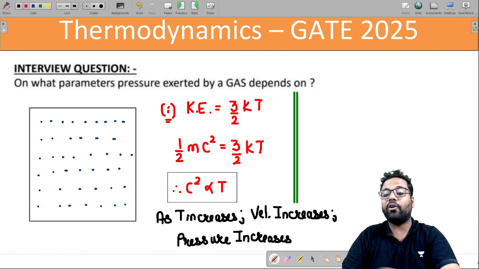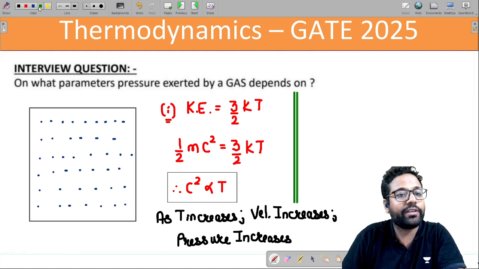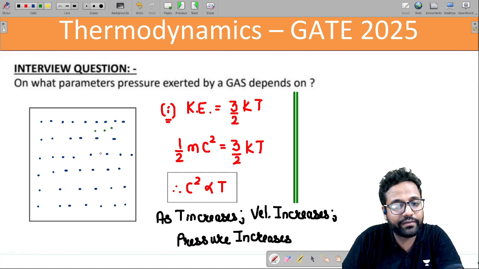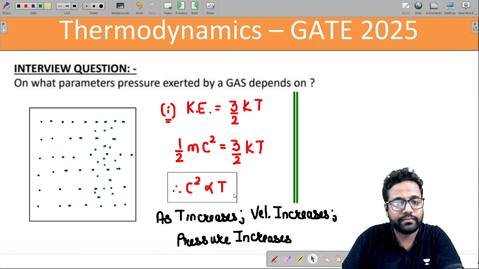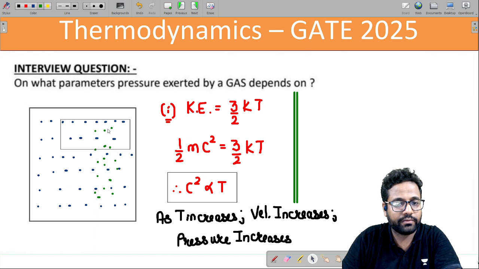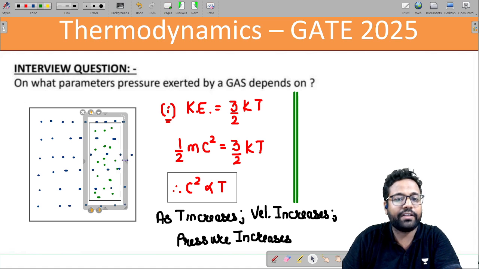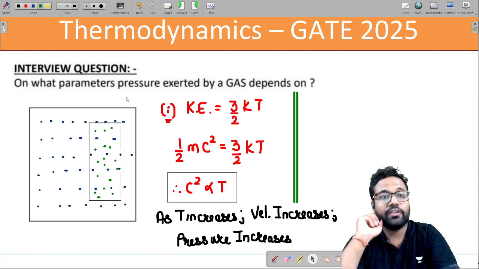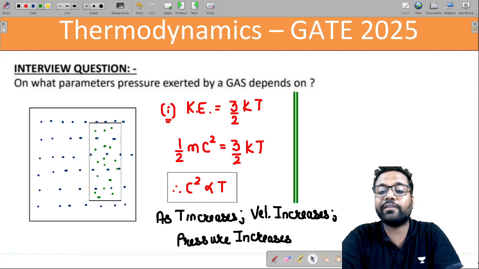So if I add more molecules to the gas, let me represent them by a separate color in a specific region, the density is increasing. Yes sir. So when the density increases, the number of molecules striking the container wall will also increase.